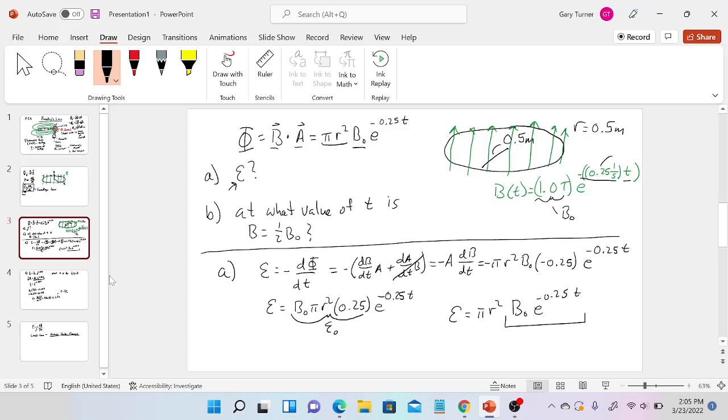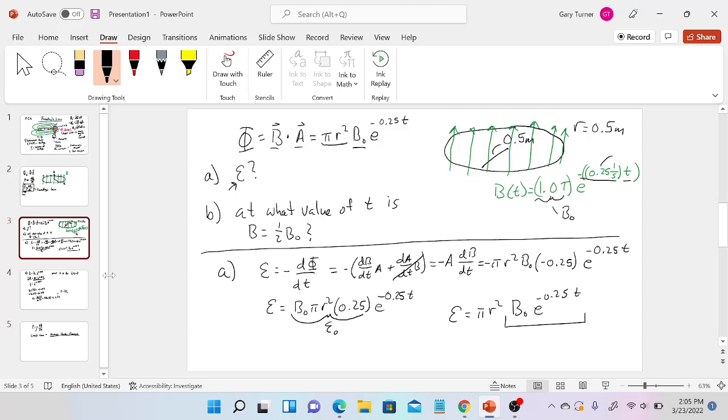Lenz's law, or the idea that nature hates change, basically says that the induced current is going to be in such a direction as to try and stop the flux from changing. So, whatever the original flux is, that's what Mother Nature wants the system to stay at. So, it will induce a current to try and compensate for the change in the magnetic field.